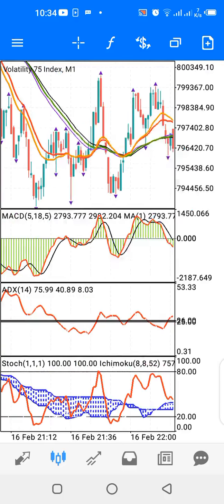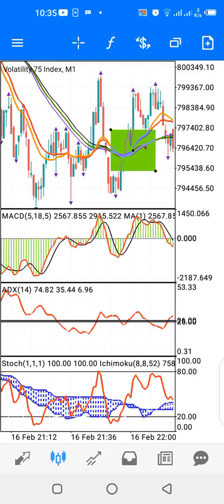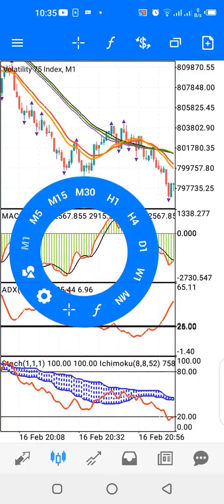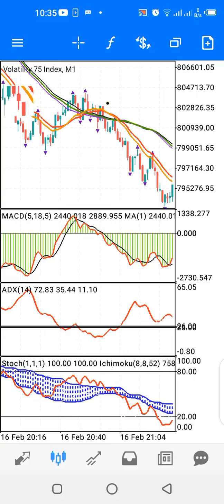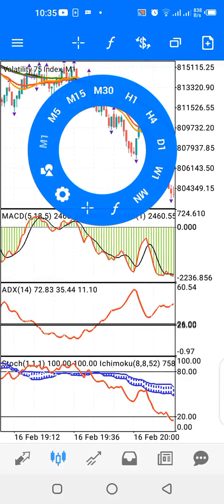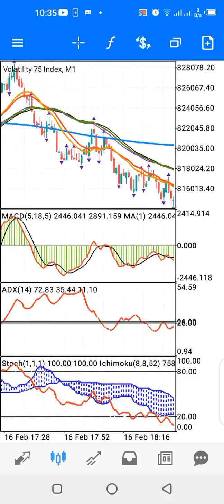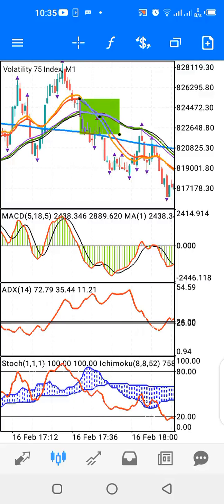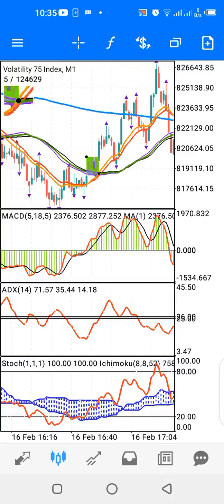This is a buy signal. This is a sell signal. This is a sell signal. This is a sell signal. While this is a buy signal.